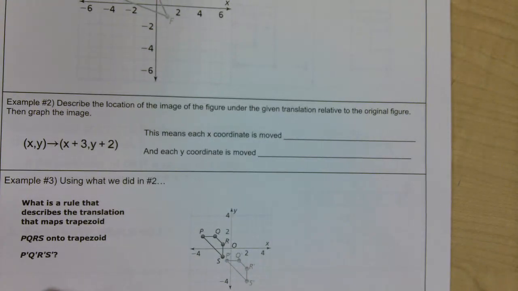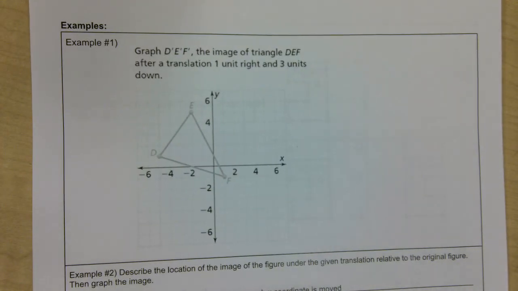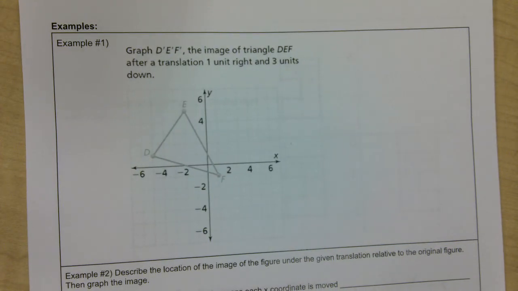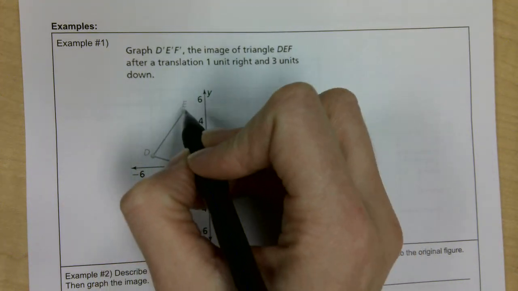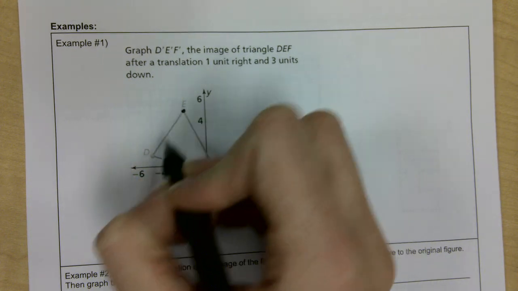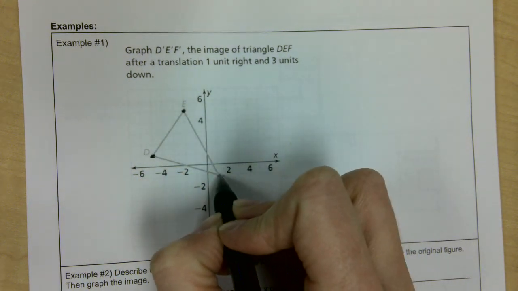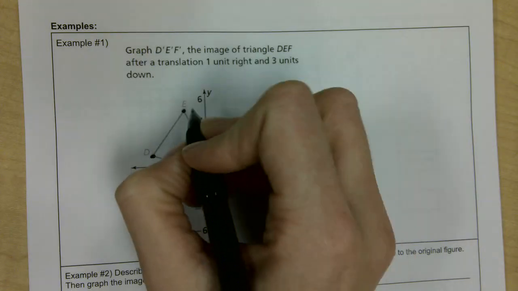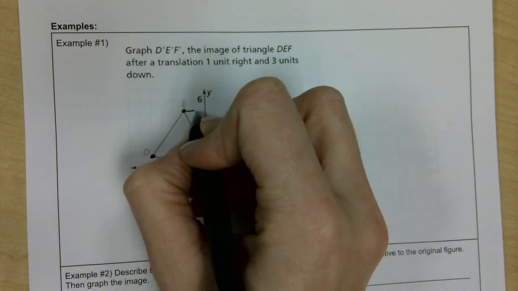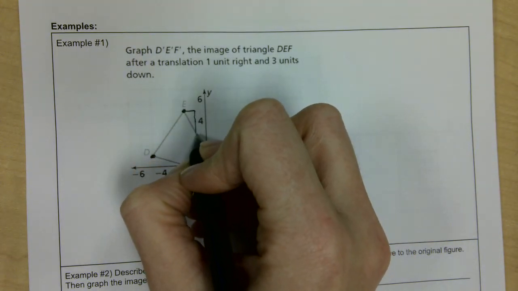So if we look here, it says graph D prime, E prime, F prime is the image of triangle DEF after a translation 1 unit right and 3 units down. So we need to take D, E, and F, each one, and we are going to go right 1 and down 1, 2, 3.